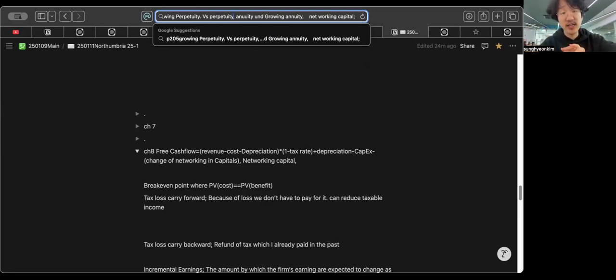The big difference is that the growth rate is different, besides making it present value. Also, in annuity, the same problem exists.